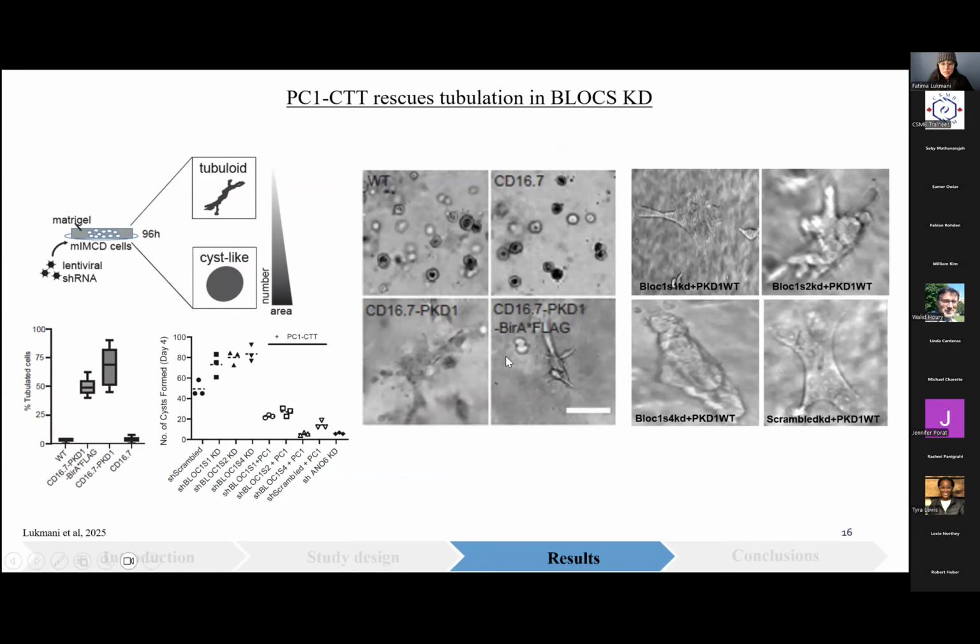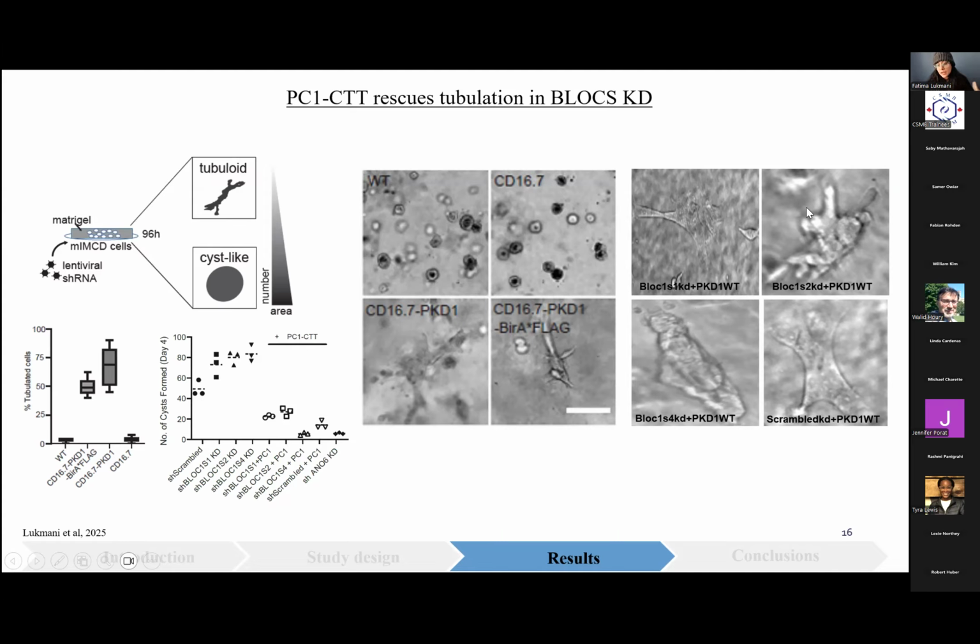So these are the BLOC knockdown cells, which I showed you in the previous slide, that they form cysts under Matrigel. But now we overexpress PKD1 wild type, so basically we try to rescue the BLOC knockdown phenotype with PKD1. So we supplemented them with the healthy PC1 CTT, and we expected to see whether they were still able to form cysts or whether it rescues their healthy phenotype.